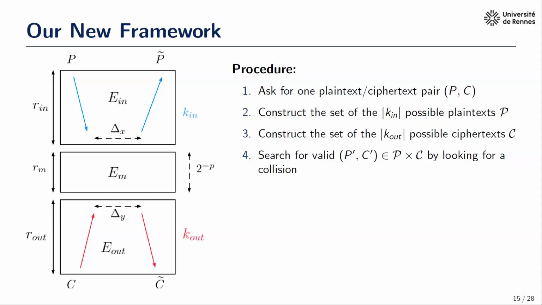So here, the meet-in-the-middle procedure is used to search for pairs P prime, C prime that are valid plaintext-ciphertext pairs. It is different from classical differential attacks, because here we generate the pairs used for the attack.